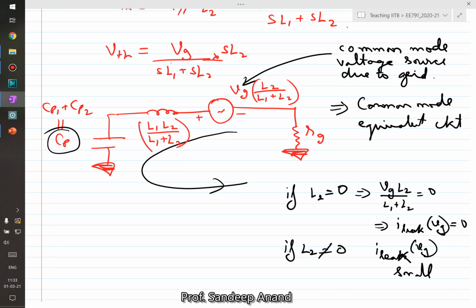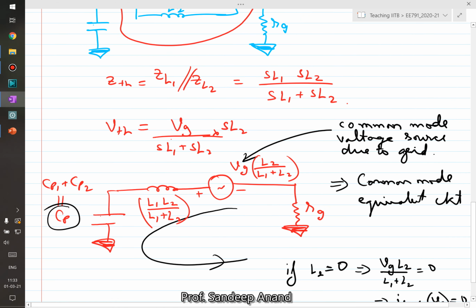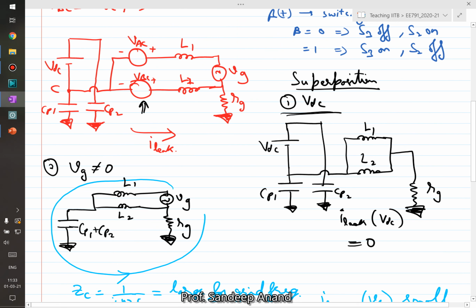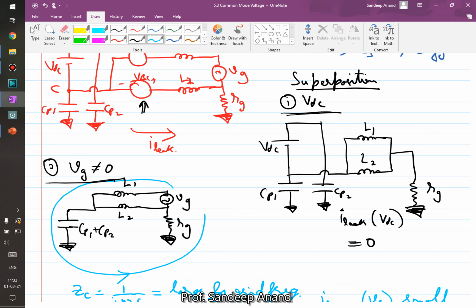All right, let's move ahead now. Let us see the third scenario. So we have already considered scenario 1 where only VDC is present, scenario 2 where only VG is present, third scenario where both of them are 0, only the inverter voltages, which are VAC and VBC, are present. So let us work on this third scenario now.